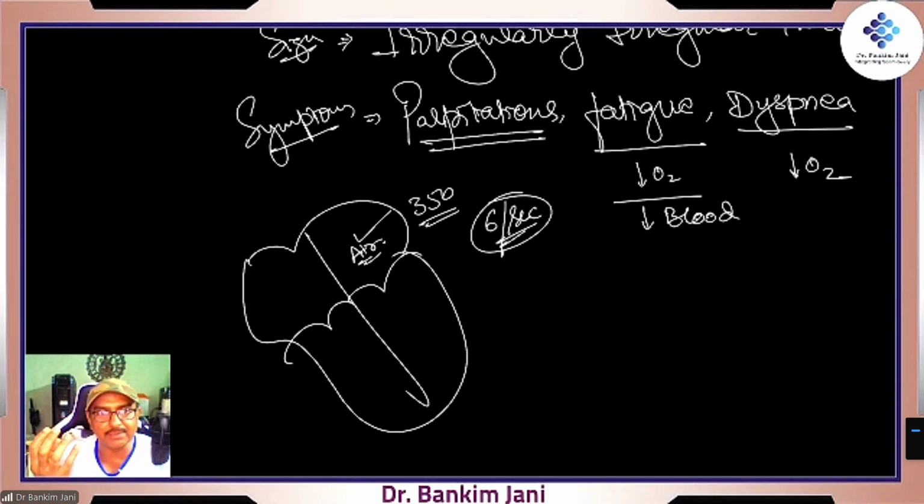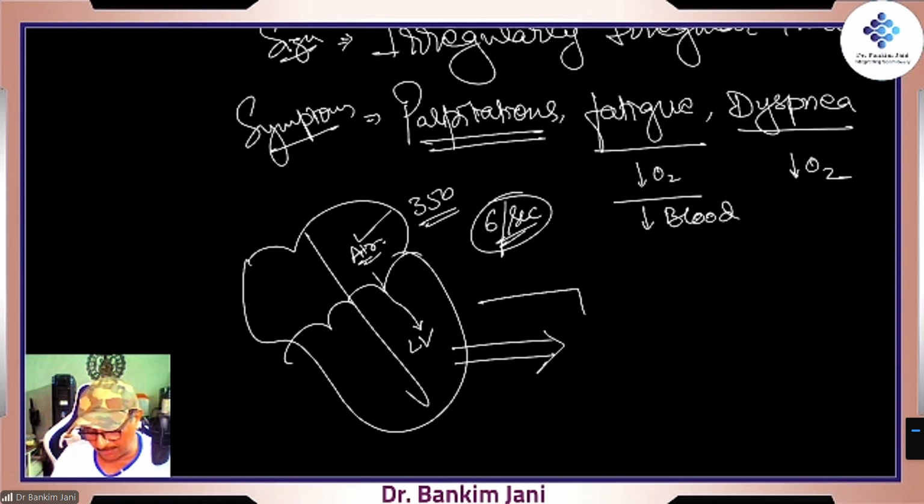So when the atria is fibrillating, going at such a high pace, the cardiac output decreases. Because at such a high pace, it won't be able to contract. If it is not contracting, the amount of blood which is to be pushed into the ventricles, so that it can be pushed to the rest of the body, is decreased. This means preload decreases. Correct? This is the left ventricle. The gun is not loaded. This gun's cartridge had the capacity to hold 8 bullets.